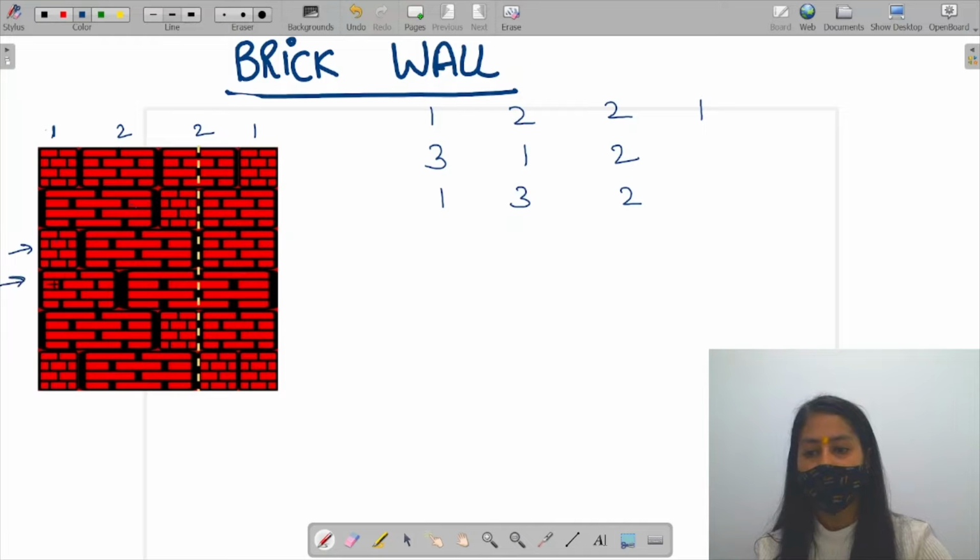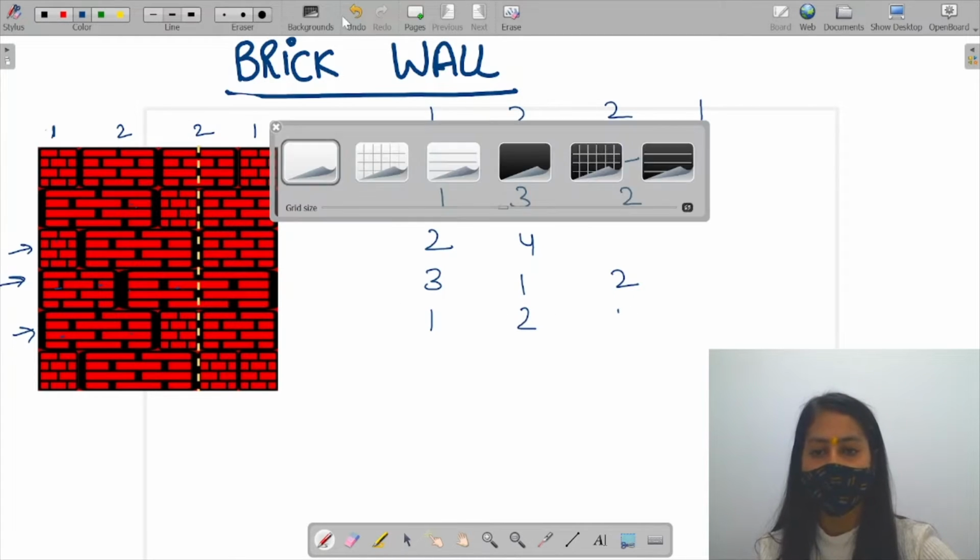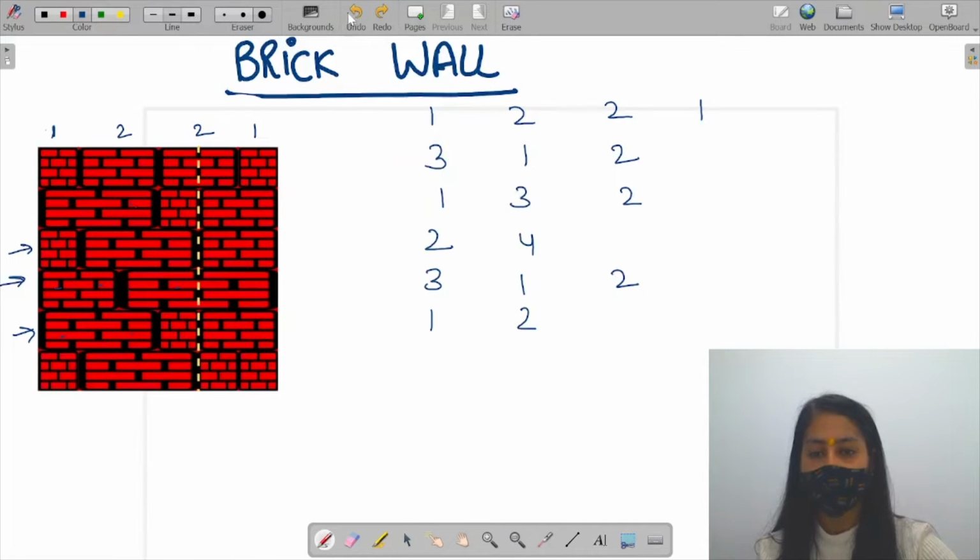The fourth row, first brick is of width 2, next is 4. In the next row, first brick is of width 3, next is 1, next is 2. The next, first is of width 1, next is 2, next is 3. This is of width 1, 2 and 3, right? So 3, 1 and 1. So the input is given like this, right?